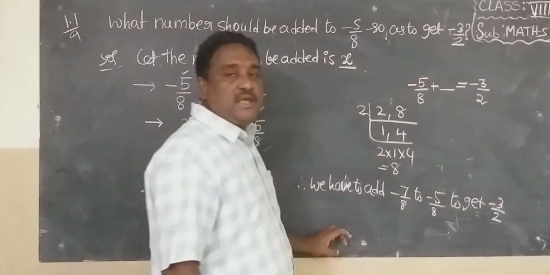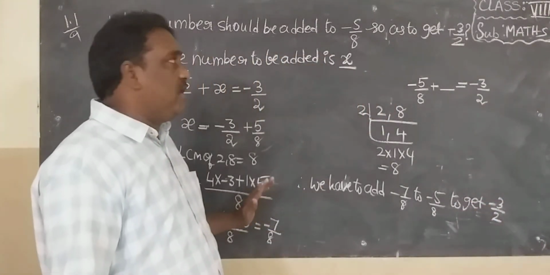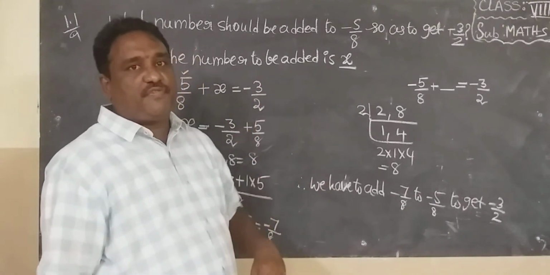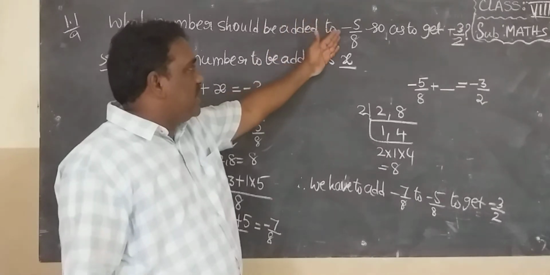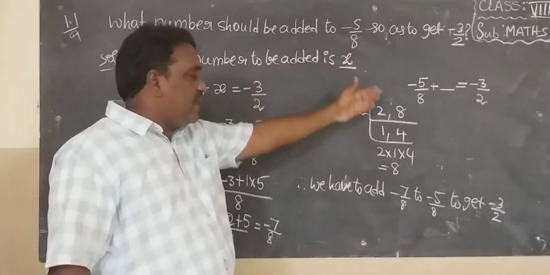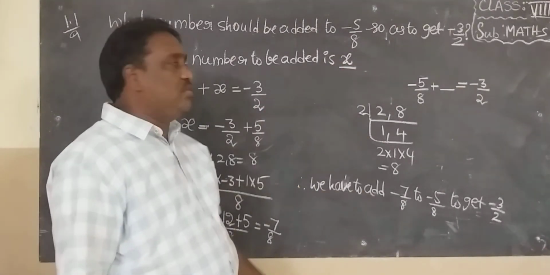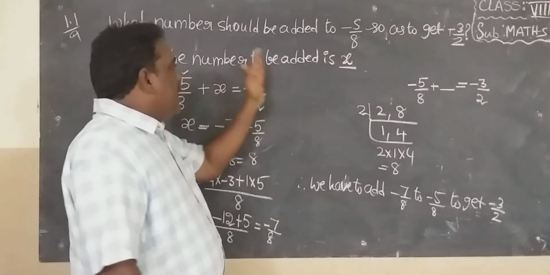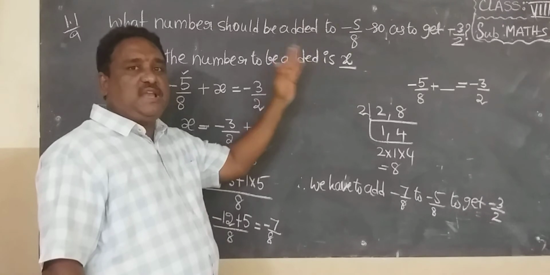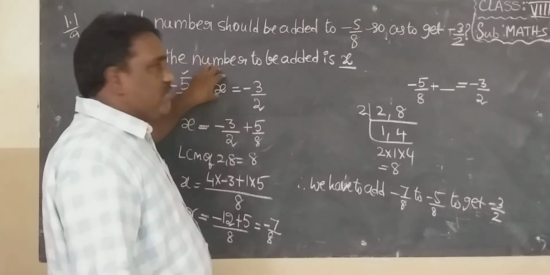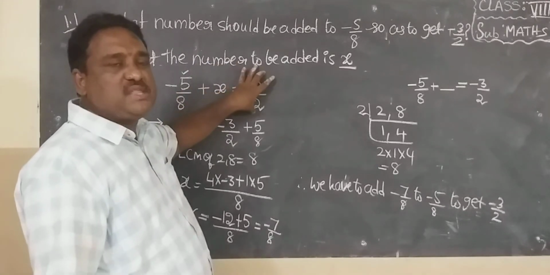So totally 3 fractions are there in the problem. 2 fractions are given. We need to find out the third fraction. First fraction is minus 5 by 8. Second fraction we need to find out. Third fraction is minus 3 by 2. Let the number to be added be x. So x is the number to be added to get minus 3 by 2.